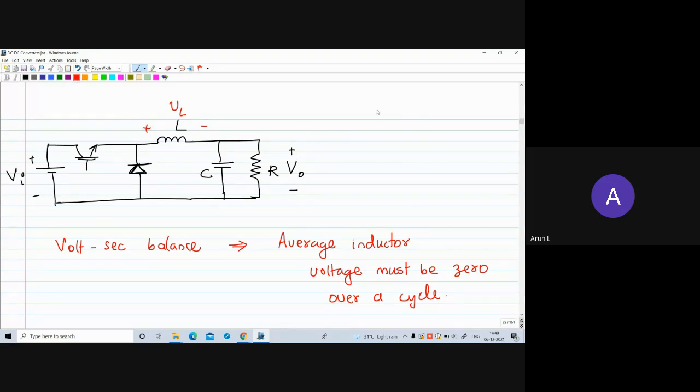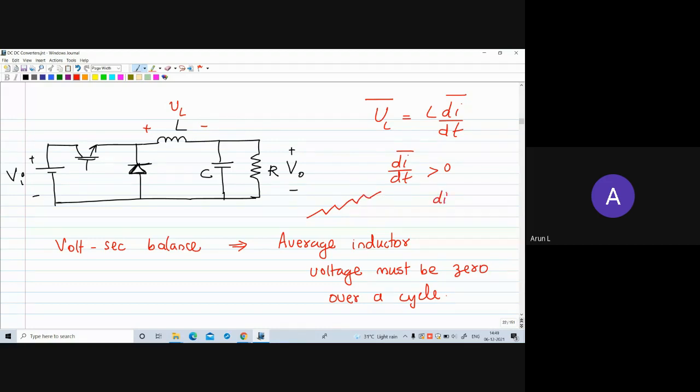So if VL is the voltage across the inductance, it is equal to L into di by dt. And the average value of this inductance voltage will be equal to average of L into di by dt, and average value of di by dt has to be 0, because if the average rate of change of di by dt is non-zero, if it is positive, then your inductance current will build up.